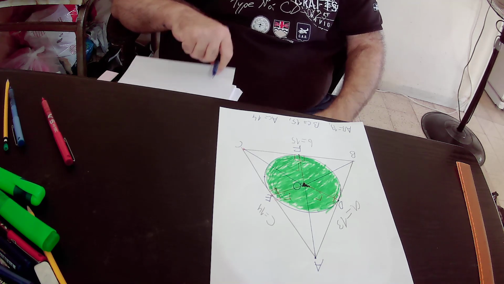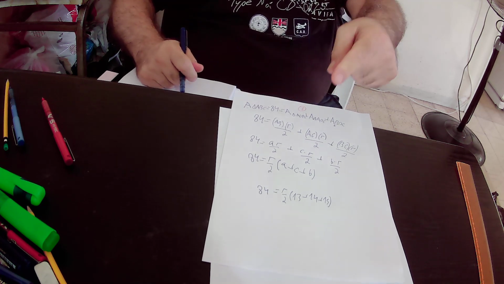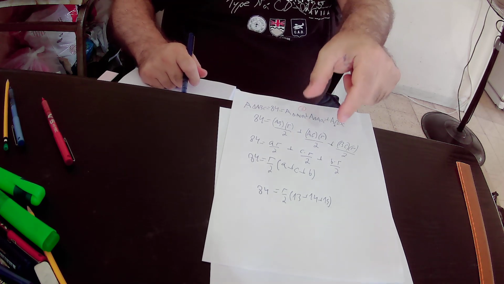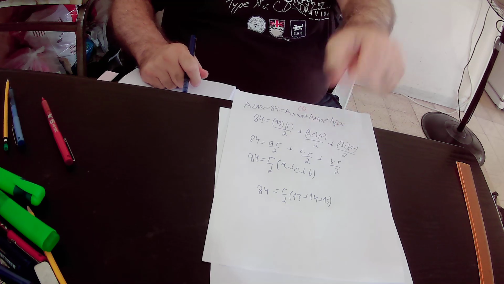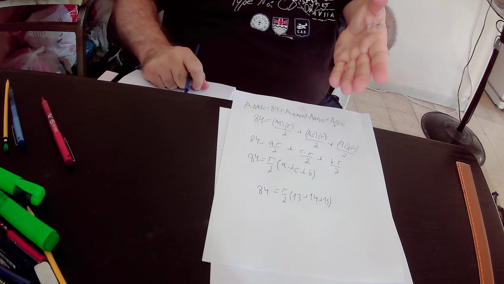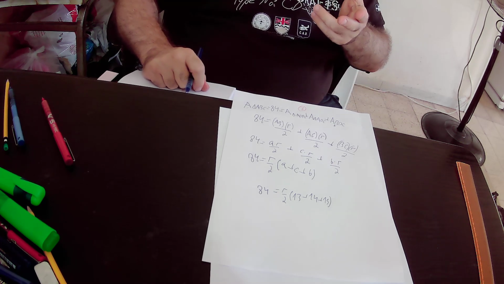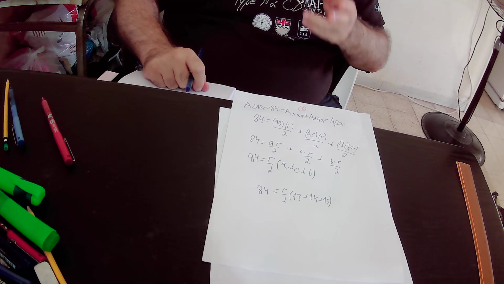So in total we got that 84 equals R over 2 times, in the brackets, 13 plus 14 plus 15. So 13 plus 14 is 27, and 27 plus 15 is 42.